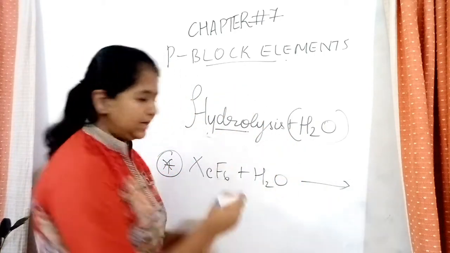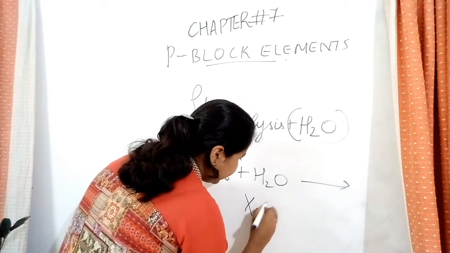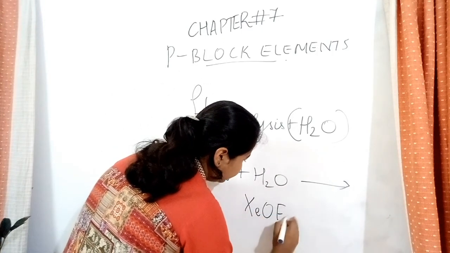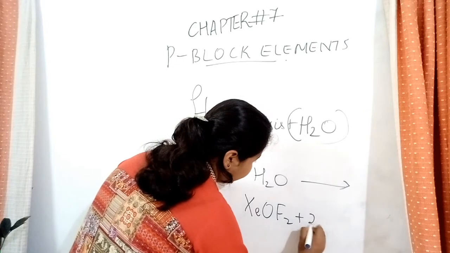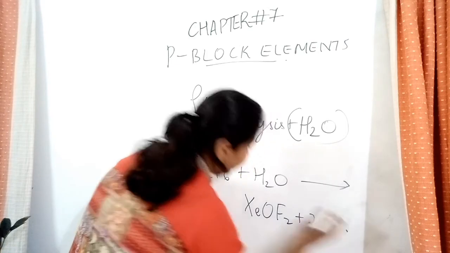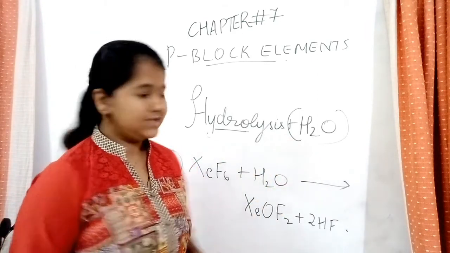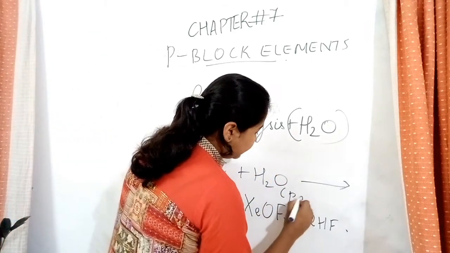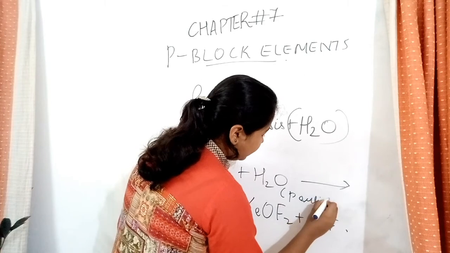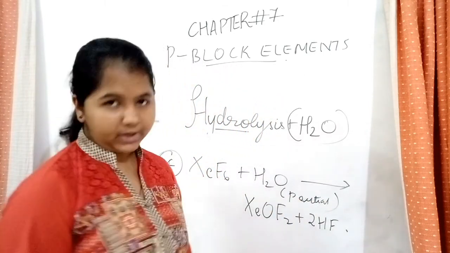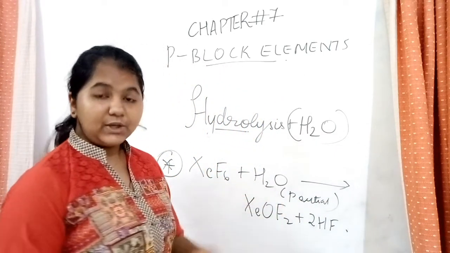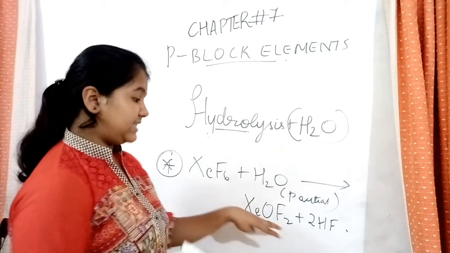Let's write and then we'll understand. XeOF4 plus 2HF is what we get. And this is not complete hydrolysis. Over here what happens is partial hydrolysis.